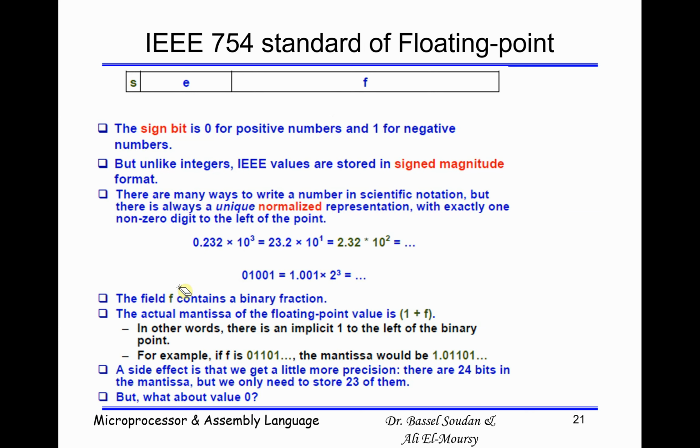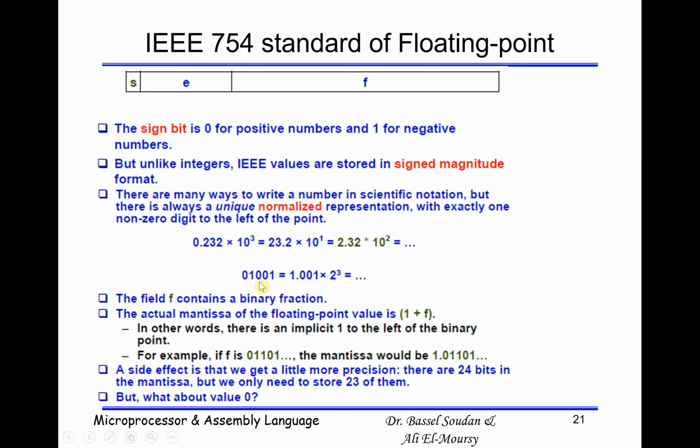IEEE does not take the whole number, because for the magnitude, if you have a 0 here, does this 0 in the most significant bit mean anything for the magnitude? The zeros on the leftmost side of the magnitude do not have any significance.